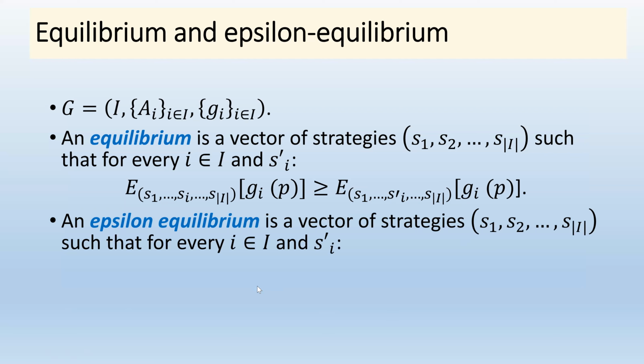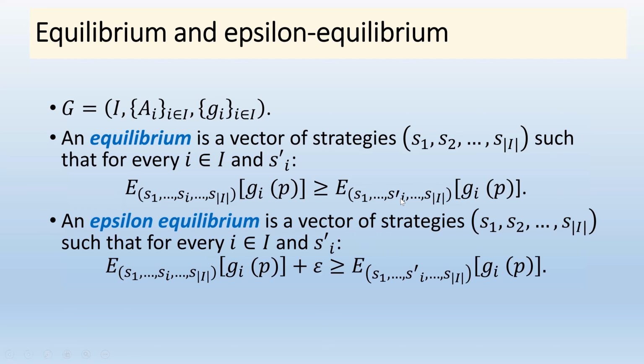And an epsilon equilibrium is basically the same, only we say that the player cannot gain more than epsilon by unilaterally deviating. And there is an example of why we need epsilon equilibrium, but I think you already saw some examples in the previous talks of games where there is no equilibrium, but there are epsilon equilibria.